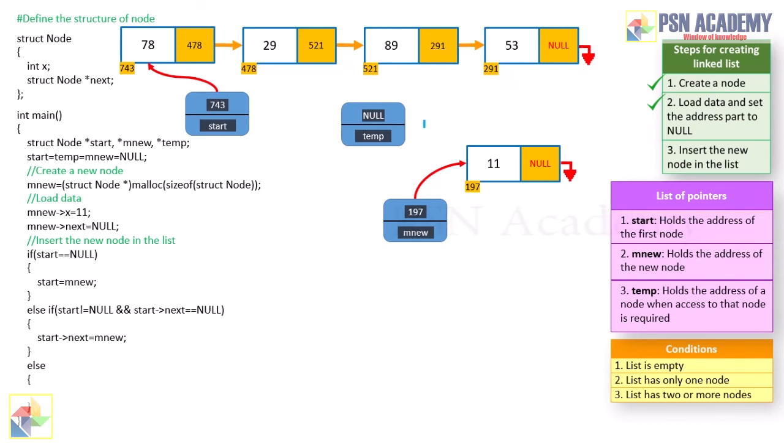Now the temp pointer comes into play. So set the temp pointer to the first node like this. Now what do we want to do actually? Our plan is to move temp to each node one by one and check whether the next pointer there is null or not.